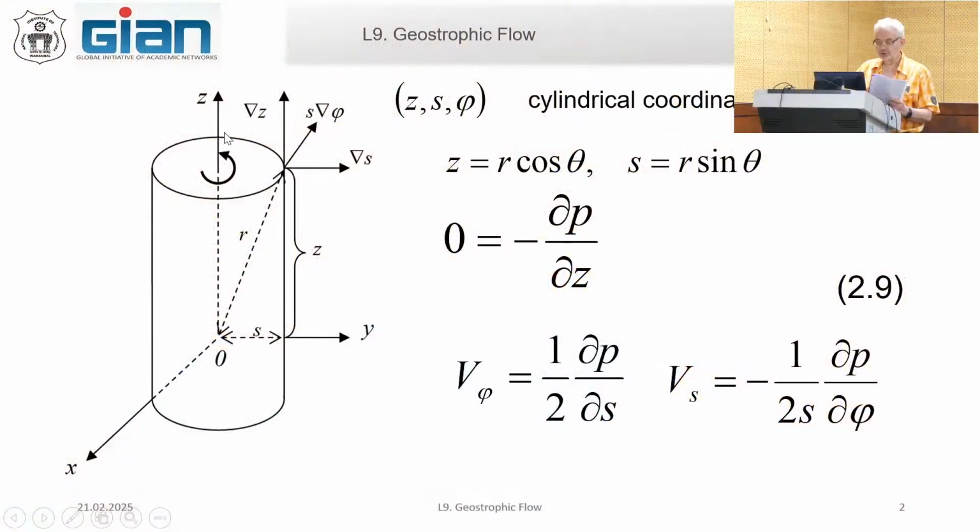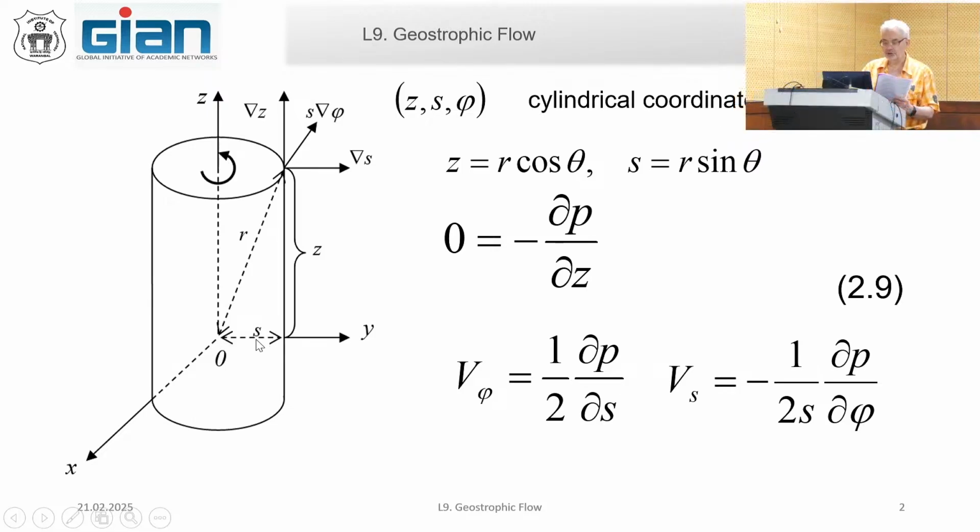This z component is directly along the axis of rotation, and everything rotates around it. Of course, we can use spherical coordinates as well, but in the sense of physical nature, it's easier and more profitable in this geometry to use cylindrical coordinates. And here on this picture, you see that the cylindrical radius is denoted by small s, and spherical and other coordinates are the same as used before.